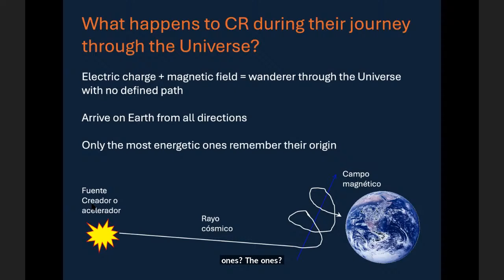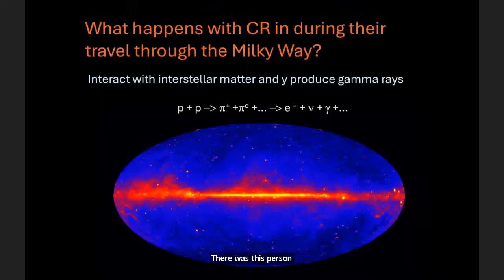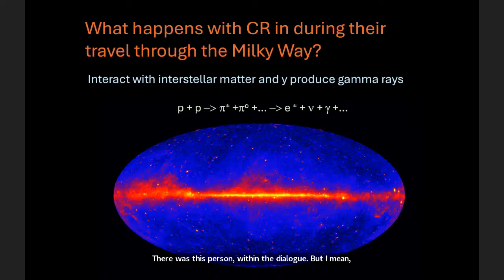Now, these cosmic rays that are produced within the galaxy, right? When cosmic rays get into our galaxy, they find a lot of matter. They find molecular clouds, right? And what they do is they have particle reactions. That means one proton or one nucleus interacts with material of these clouds, and they produce another particle called a pion, and then this pion decays and produces electrons, neutrinos, and gammas.